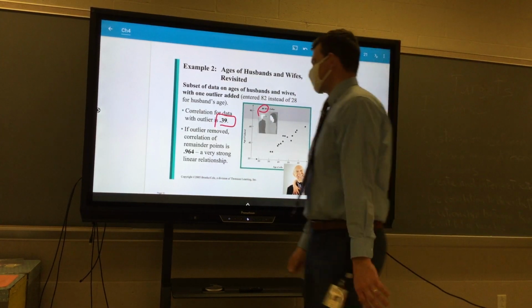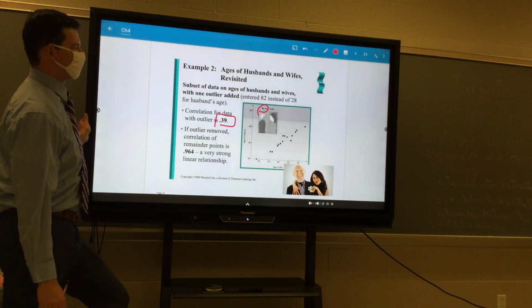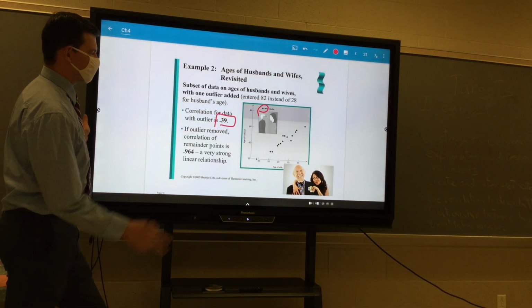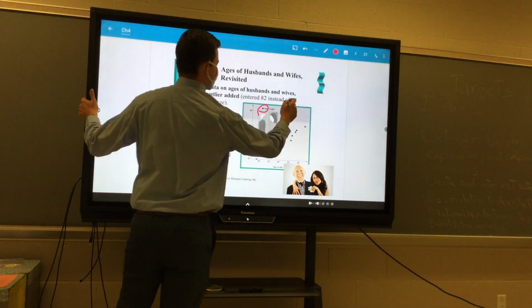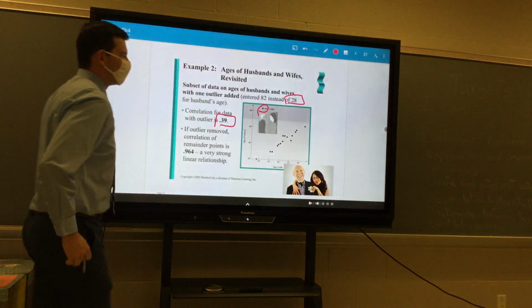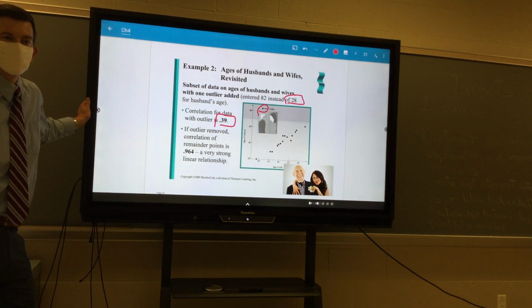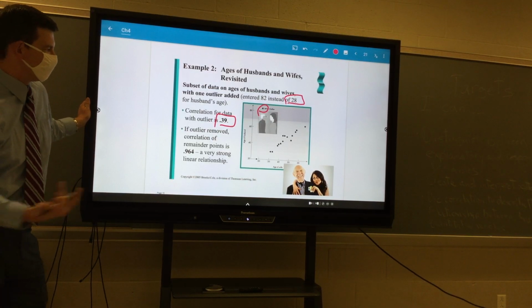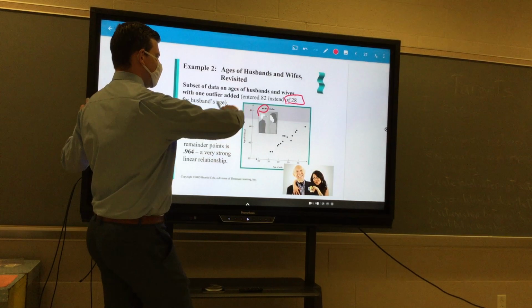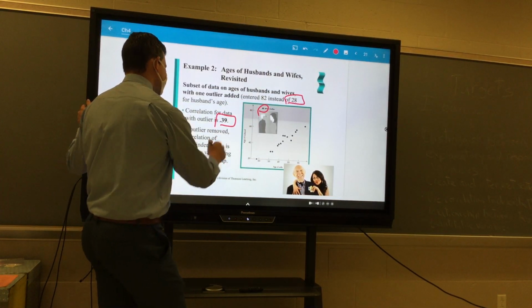But it's nothing interesting like that. Instead, this is explained as a data entry error, where the age of that husband was entered as 82, but those numbers got transposed, and it should have been 28. Okay? So here's a case where you look at an outlier, it requires further explanation or exploration, and in this case, you see that no, it was just a data entry error, and you fix that.